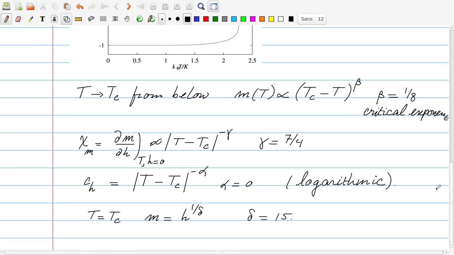We can change quite a few details of the model without changing the critical exponents, and this phenomenon is called universality. So the critical exponents, they are universal, and we can change quite a few details in the model without changing the critical exponents.